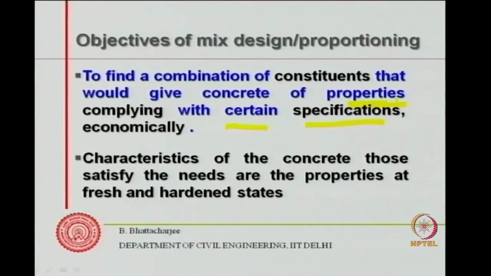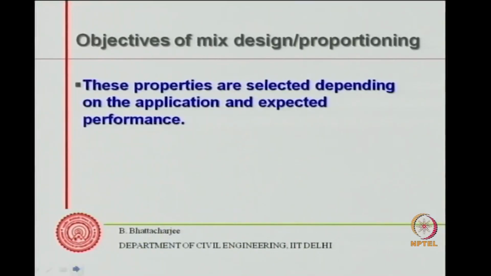Now the specifications are in terms of properties of fresh and hardened state of concrete. These properties are of course selected based on application and expected performance. So this is important to understand, expected performance, right? So they are selected based on application and expected performance.